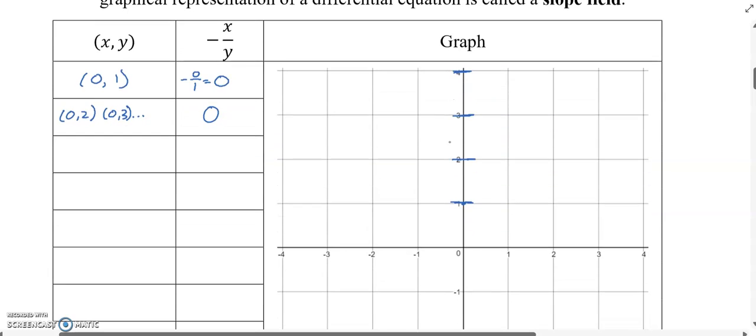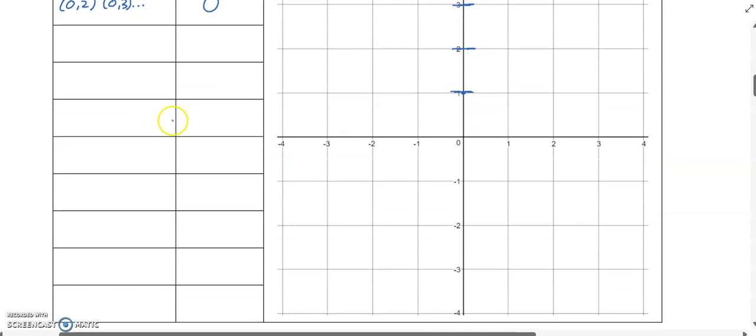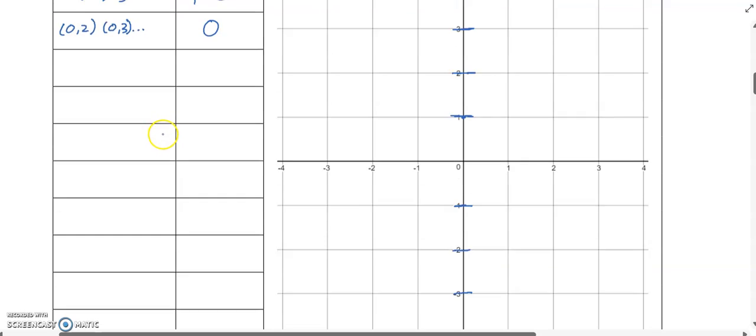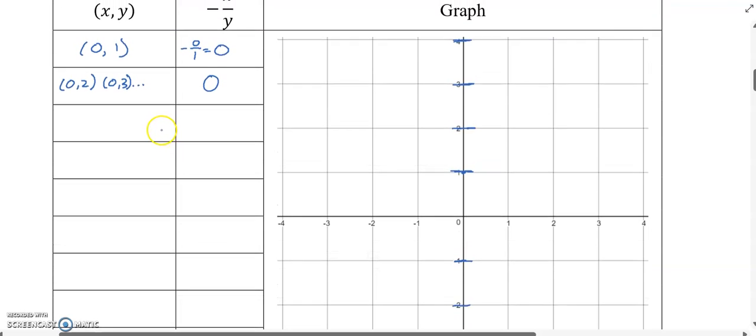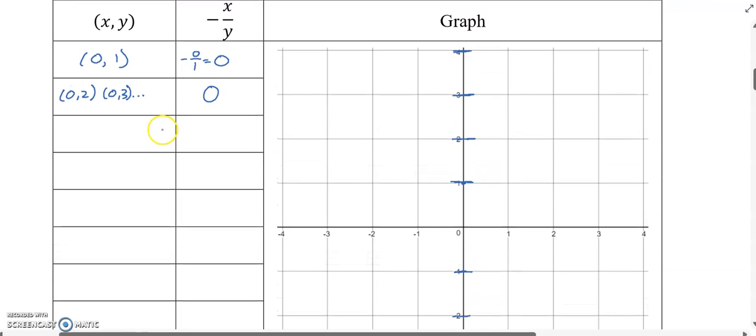We can also look at negative y values. 0 divided by negative 1 is still 0, and 0 divided by negative 2 is 0, and so on. Notice I'm leaving out (0, 0). That's a special point because 0 divided by 0 doesn't necessarily equal 0. It could equal other things, as we've seen in the past. So I just won't put anything at (0, 0).